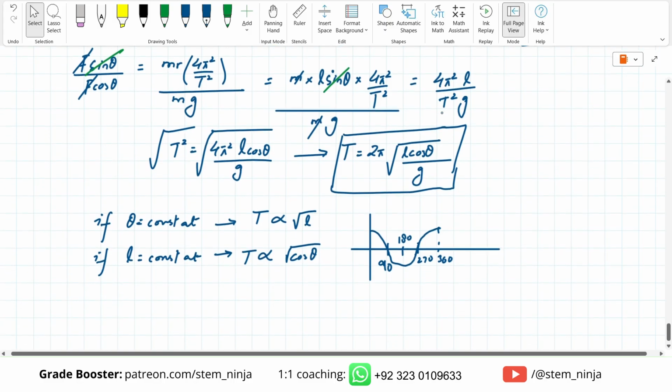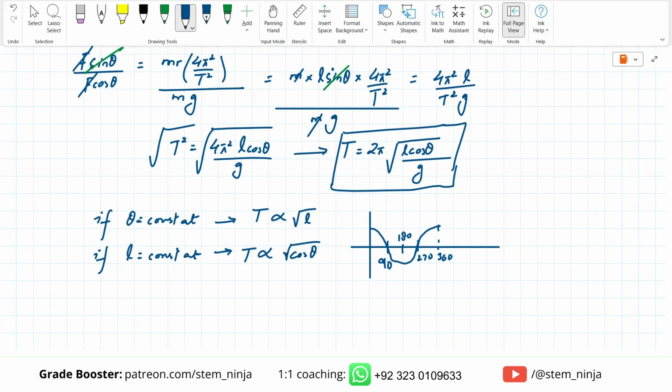So this would mean that when θ is 90 degrees, obviously there will be no tension because cos θ would be 0. But when the angle is 0, you would have a maximum tension. That means straight down. In between these 2 points would be somewhere intermediate.